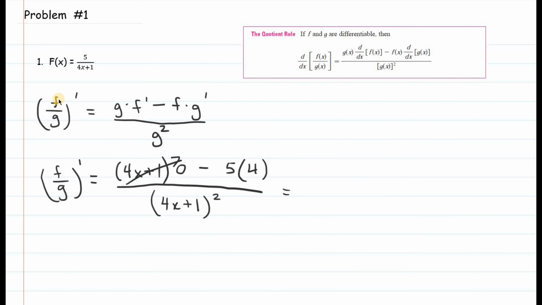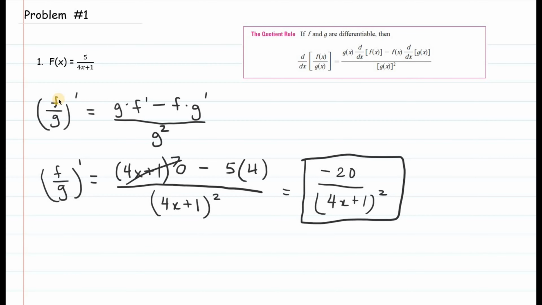So this is just 0. This gives you minus 20 over 4x plus 1 squared. So that's the solution for the first problem.